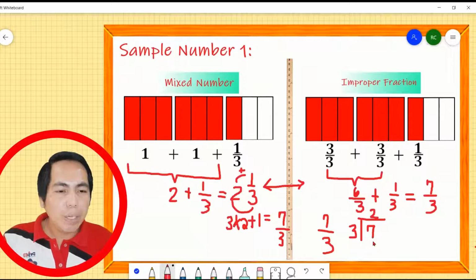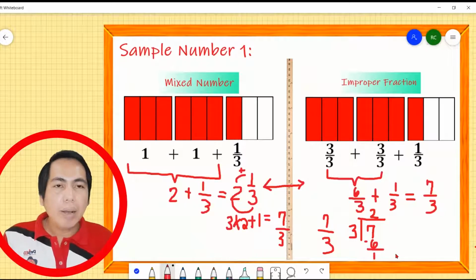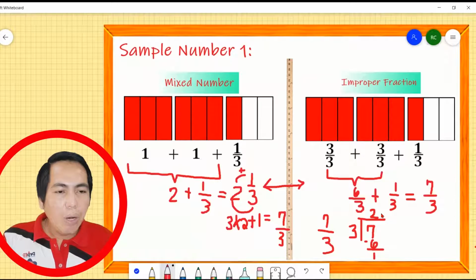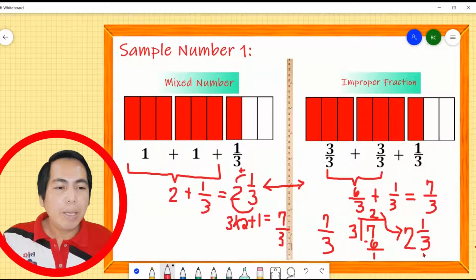So 2 times 3 will give us 6. So 7 minus 6 will give us 1. The quotient will be our whole number, and then the remainder, which is 1 here, will serve as our numerator, and our divisor 3 will be our denominator. That's why the equivalent mixed number of 7/3 is 2 and 1/3.